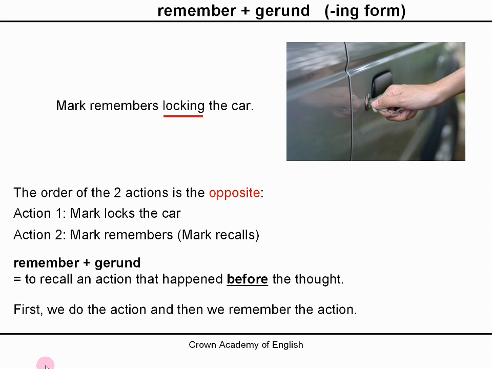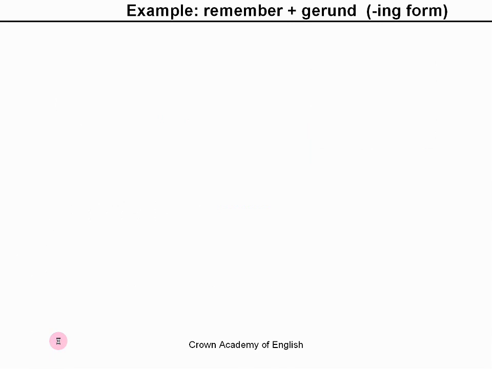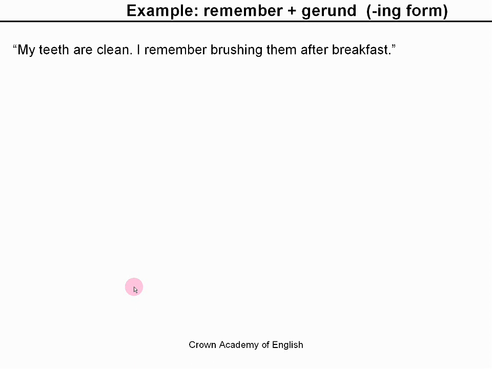Okay, so let's look at some examples. So an example of remember with an ing form. My teeth are clean. I remember brushing them after breakfast. So action 1, Mark brushed his teeth after breakfast.